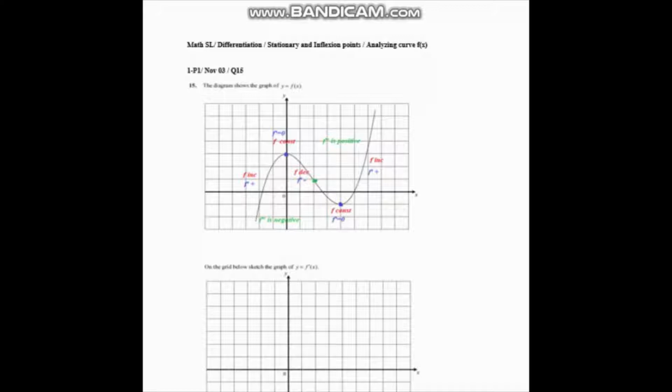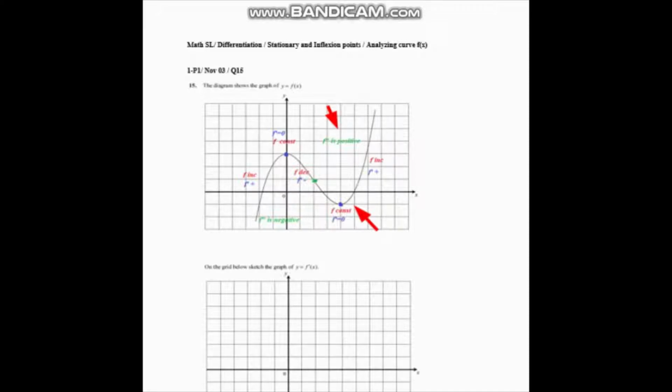Finally, we begin the analysis in green, and this is also quite simple. There are two states of the curve. It is either smiling in simple terms or frowning. When it is smiling, I say that f double dash is positive, right there. This is a smiling face. So f double dash is positive.